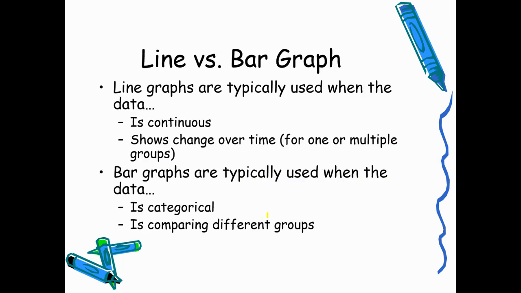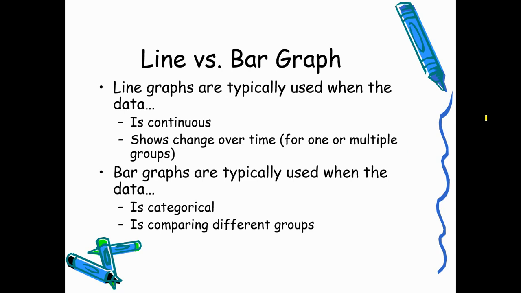All right, line versus bar graph. One of the things you're going to have to do on your lab activity is determine what type of graph you should use. And I'm going to tell you right now that you're going to have 2 line graphs and you're going to have 2 bar graphs, okay? Now, 2 of your graphs are going to be multiple.